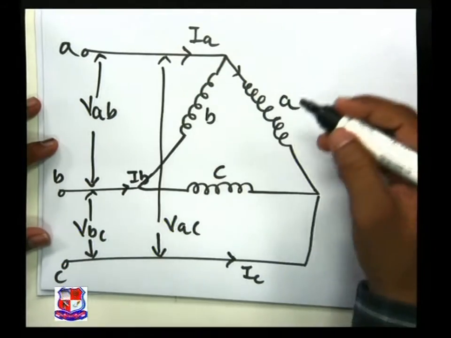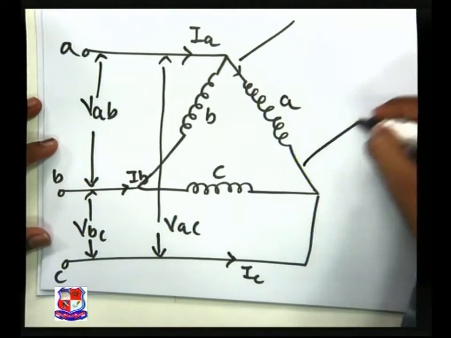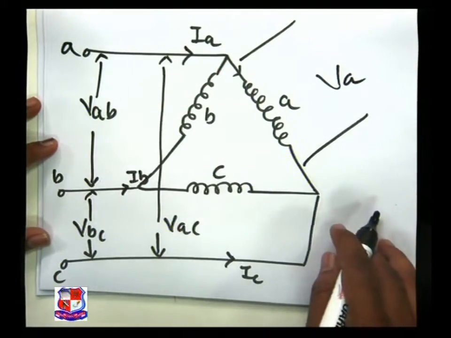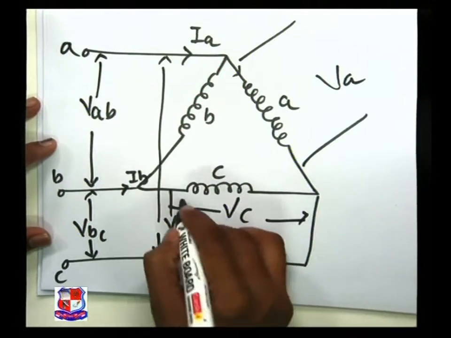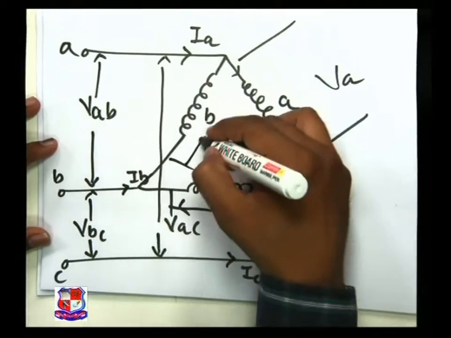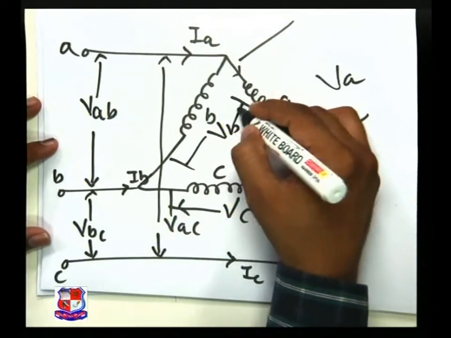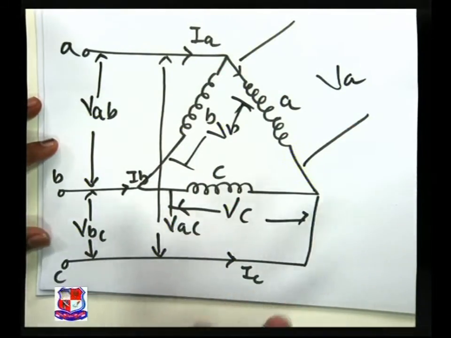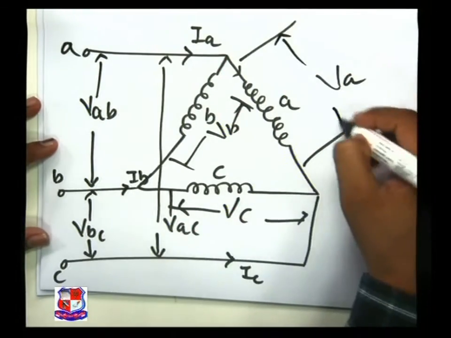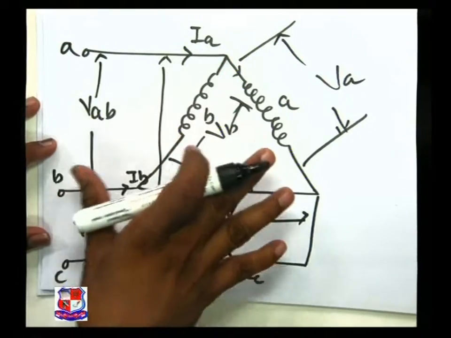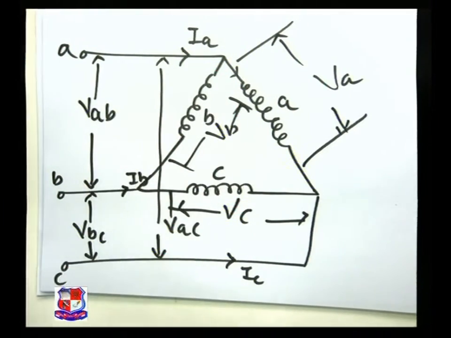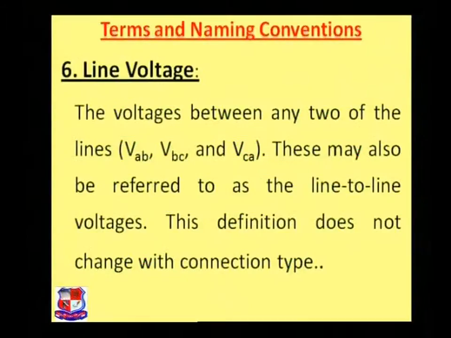And if you want to find the phase voltage, then this one is your phase VA, here your VC, and here your voltage VB. So this is called the phase voltage, and whatever current passes through that phase is known as the phase current. This is our delta connection, and we just went through the definitions of the line voltage, line current, phase voltage and phase current for star and delta.